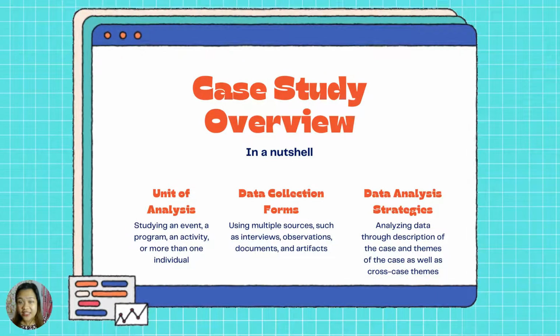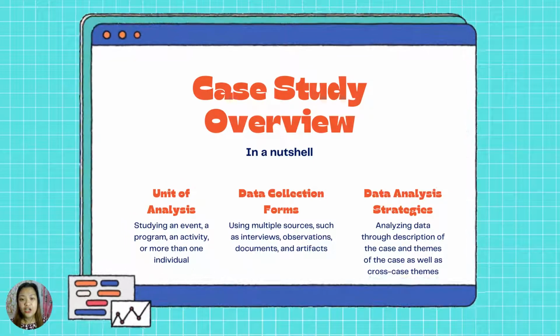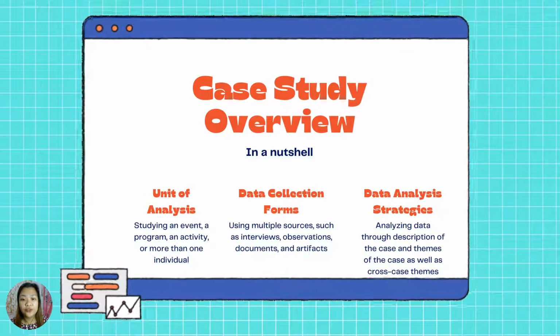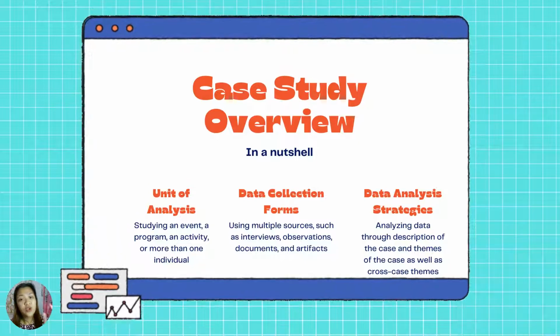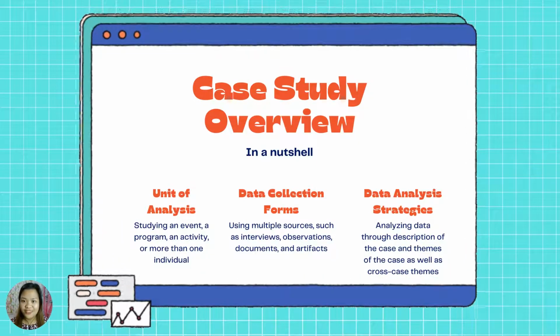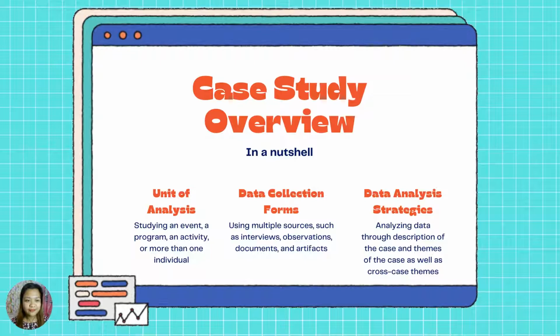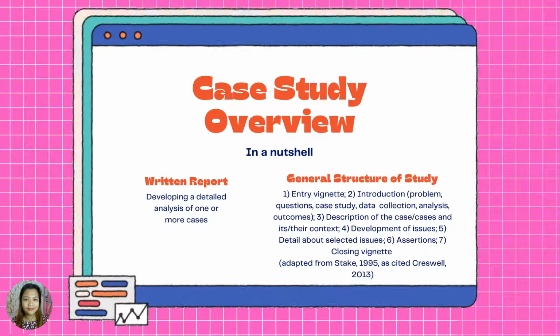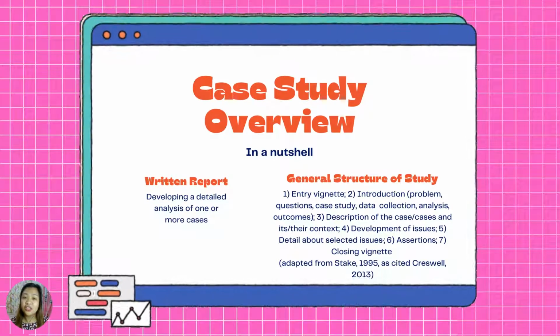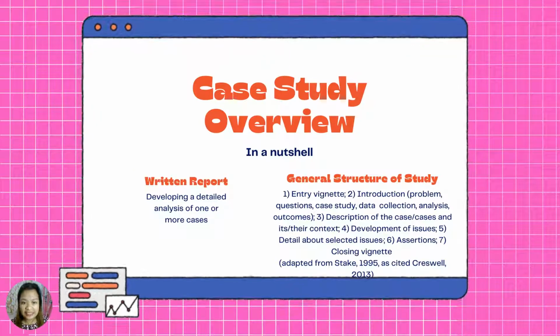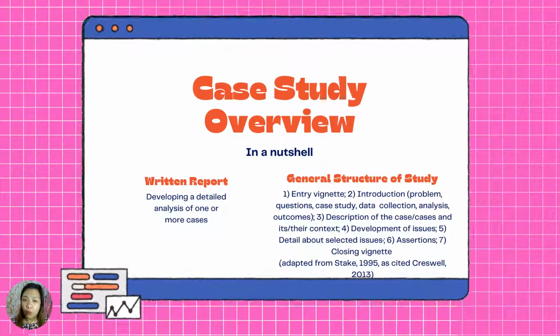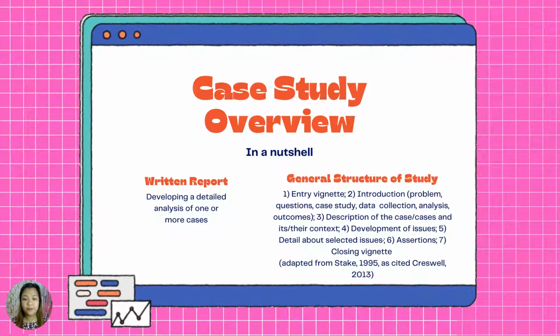In data analysis strategies, case study is analyzing data through description of the case and themes of the case, as well as cross-case themes. And in terms of written report, case study is developing a detailed analysis of one or more cases.